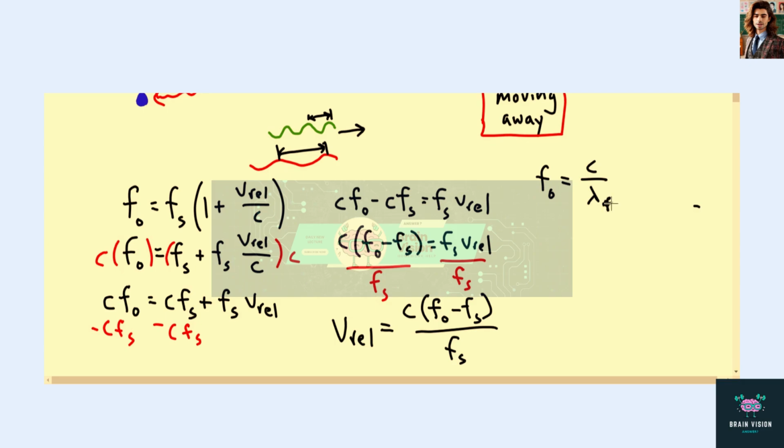We'll keep that lambda f here. Likewise, the frequency from the source is c divided by the wavelength from the source, our lambda initial.